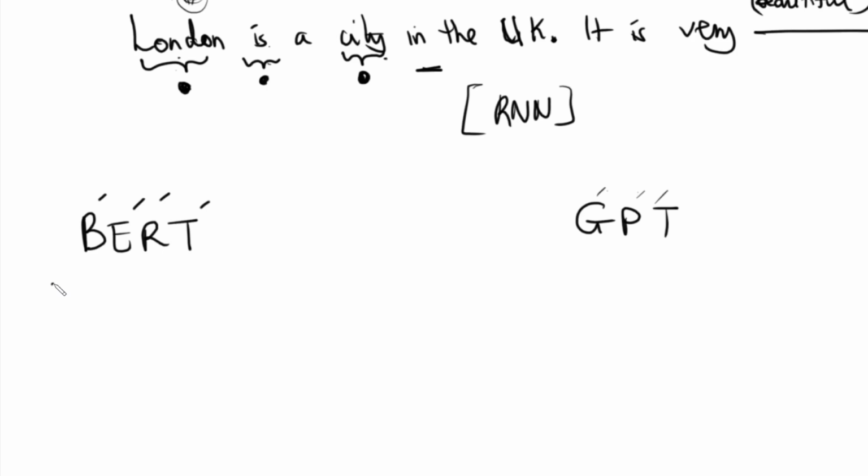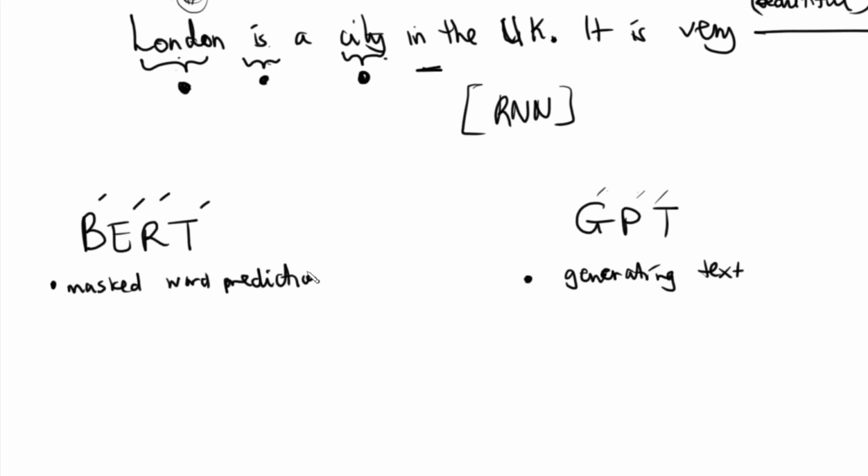BERT is built from the transformer architecture but trained in a different way from GPT. GPT is trained for generating text, but BERT specializes in what is called masked word prediction.